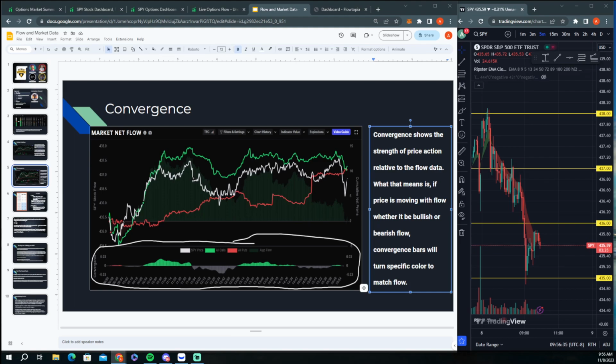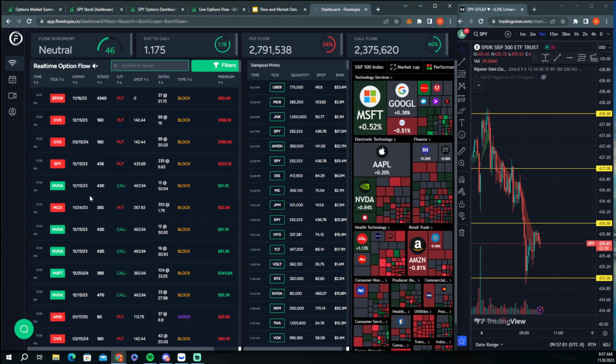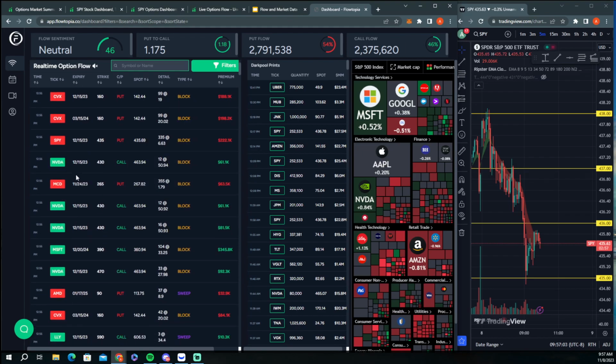Fitz says, when you say flow, does that mean people are putting in orders for calls or puts, or are they actually buying them? So that's what's cool about the market net flow tool, is it calculates the net flow. So what that means is the buys and sells of calls and puts, and it's plotted by this green line. So this is all the buys. There's a lot more call buyers in the market than there are put buyers. As you can see with the flow data here, there's lots of buys.